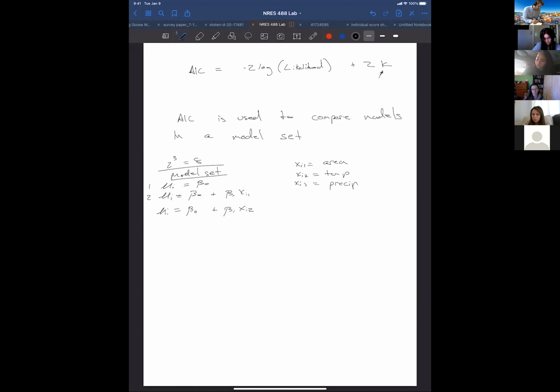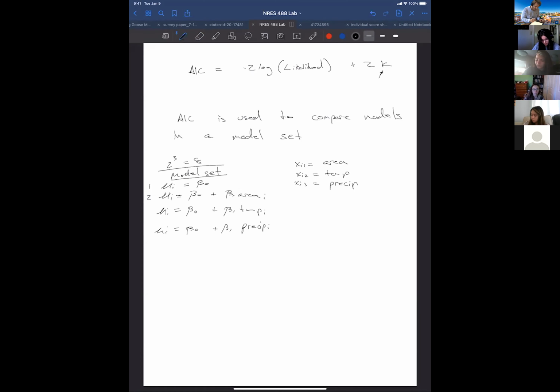And just to be totally clear, we could just write area, temp, and precip instead of using x. So mu i equals beta 0 plus beta 1 precip of state i.